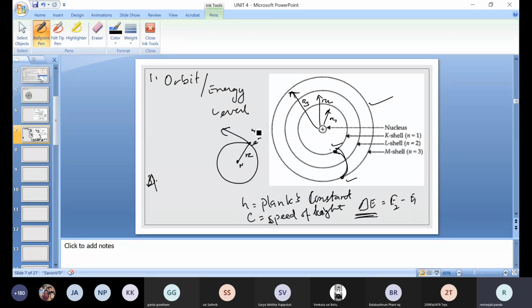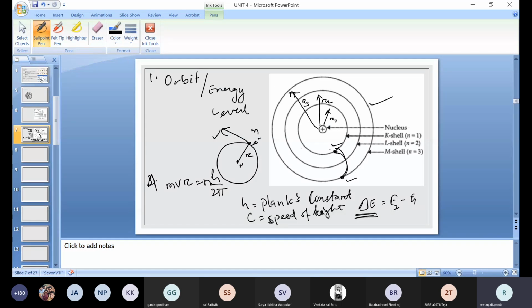This electron has a particular mass m and moves with velocity v. Then angular momentum mvr is equal to h by 2 pi multiplied by n.